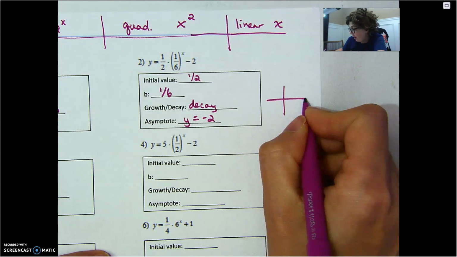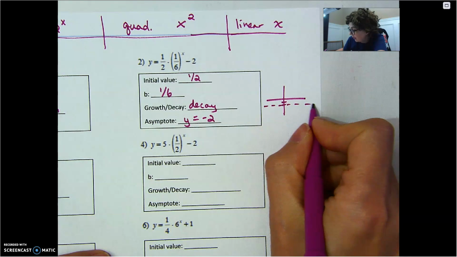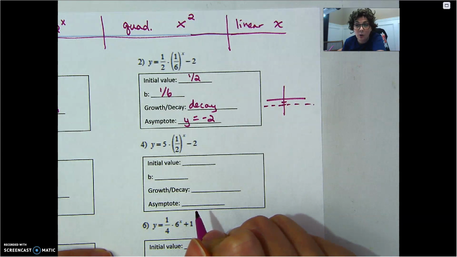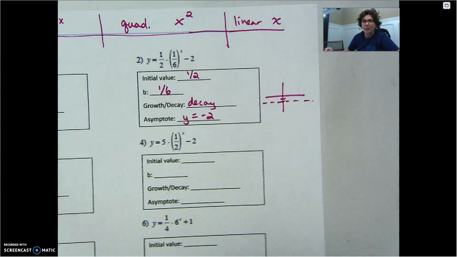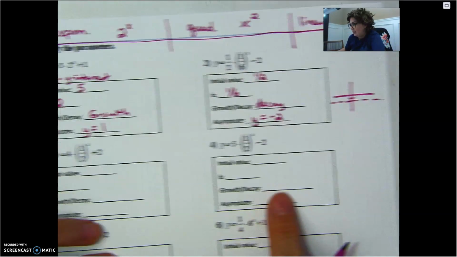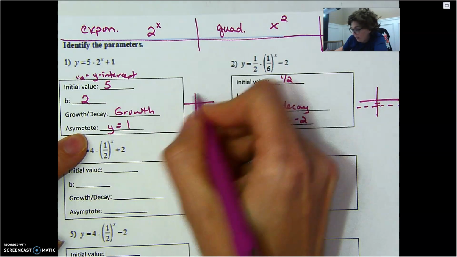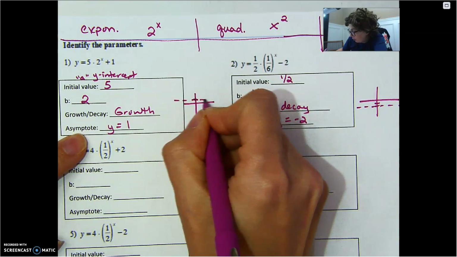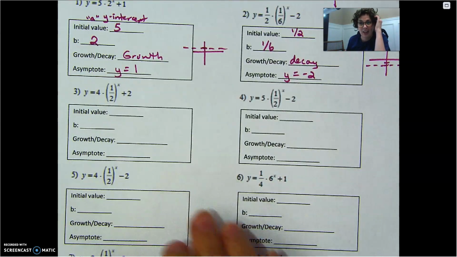On a graph at y equals -2, you'd have this invisible electric fence that the graph would get closer and closer to, but it won't touch it. Because if it touches it, that's not good. Same thing back on number 1. I didn't graph it, but you would go to y equals 1, and that's where your asymptote would be. That's that force field, the invisible line that you can't cross.